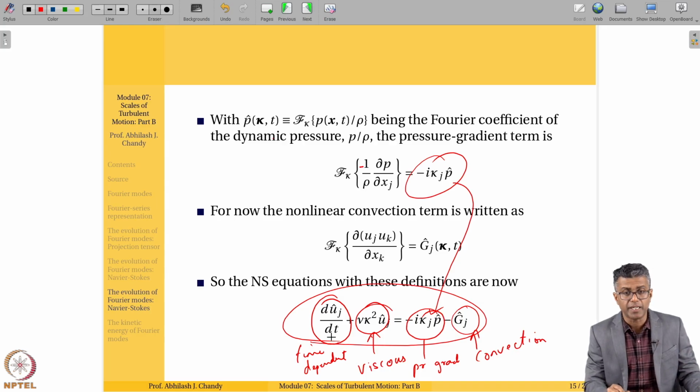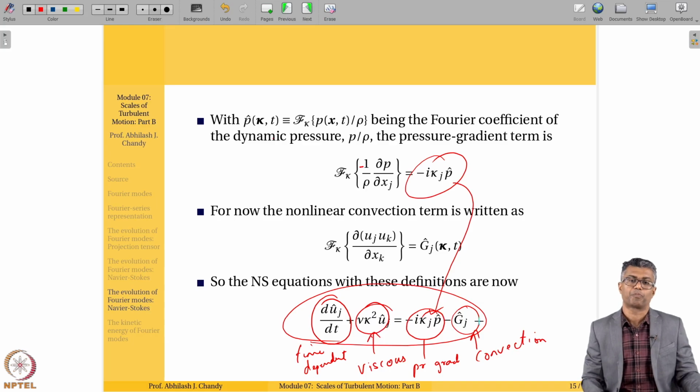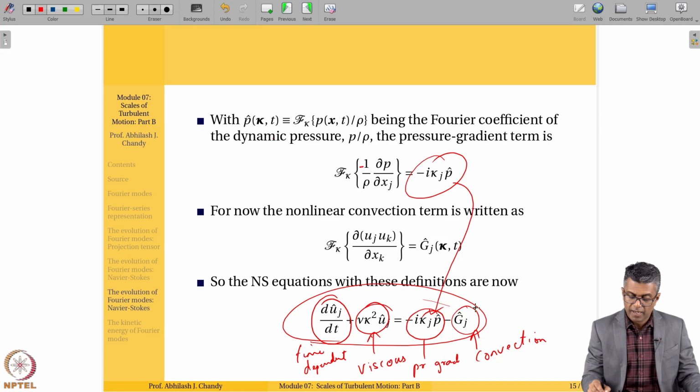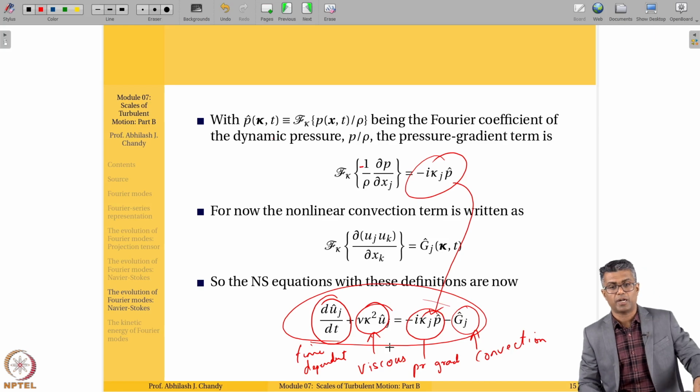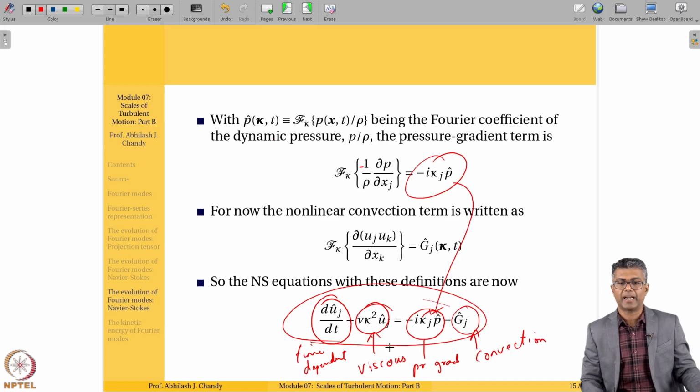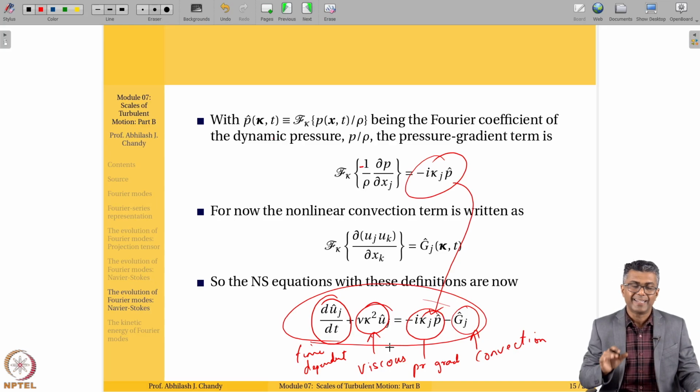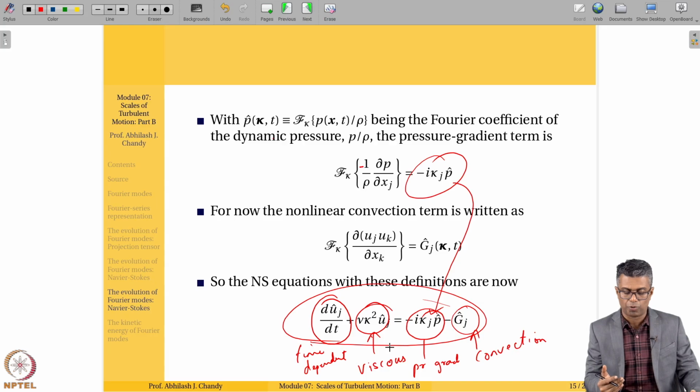And you have d dt of uj hat plus nu k squared uj hat equal to minus i kappa j p hat minus gj hat. The nu k squared uj hat is just an algebraic product, and minus i kappa j p hat is again an algebraic product. Then the only thing is gj hat. We still haven't figured out what exactly that is, and that is what we are going to do.